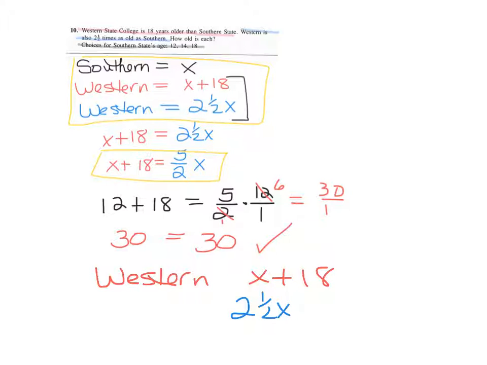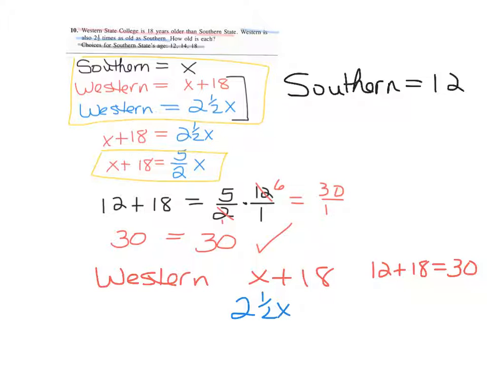So here, to find the value of Western, I would do 12 plus 18, and I would find out that Western is 30. So up here, you're going to write that Southern is 12 years old, and Western is 30 years old.